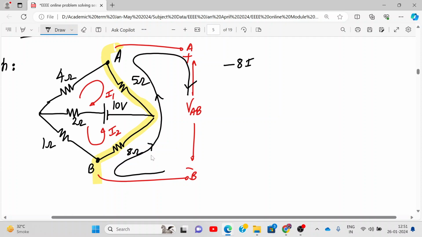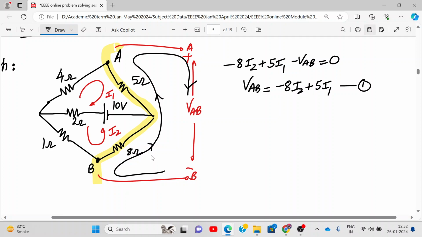Minus 8 I2. Then this direction and this direction are opposite, so it will be plus 5 I1. Then you are going from plus to minus, so minus VAB equal to 0. So how much is VAB? Minus 8 I2 plus 5 I1. So basically we need to find I1 and I2, correct? So this is equation number 1.